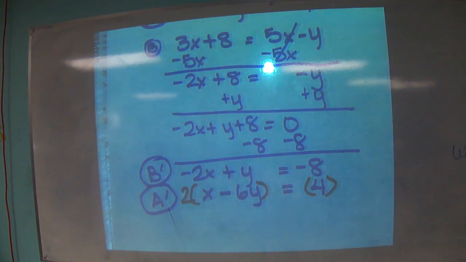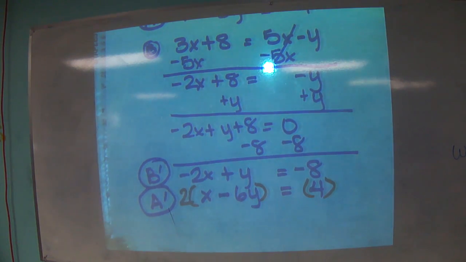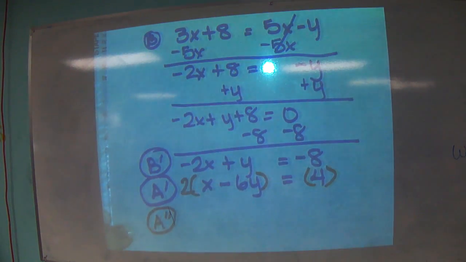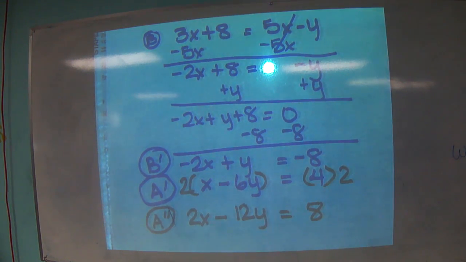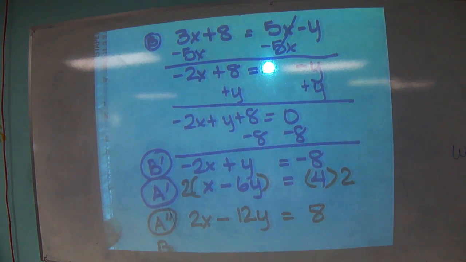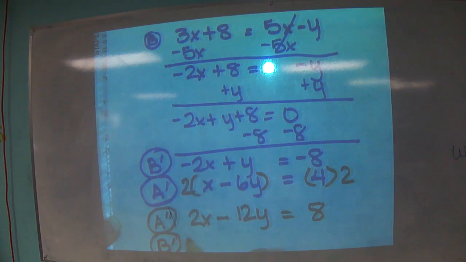So what we're going to wind up with is A with 2 hash marks, and we're going to end up with 2x minus 12y equals 8. And your B is still B prime. It hasn't changed.